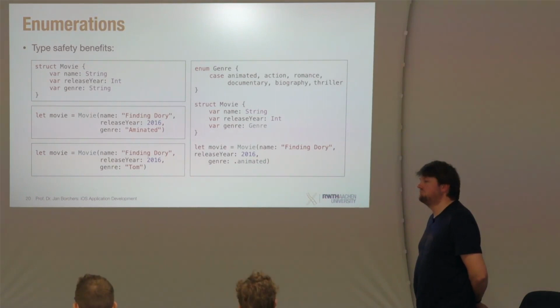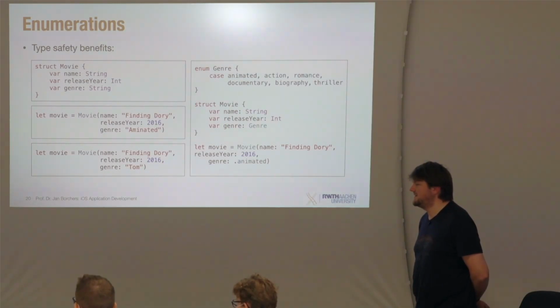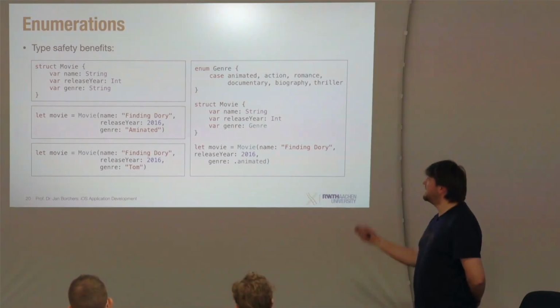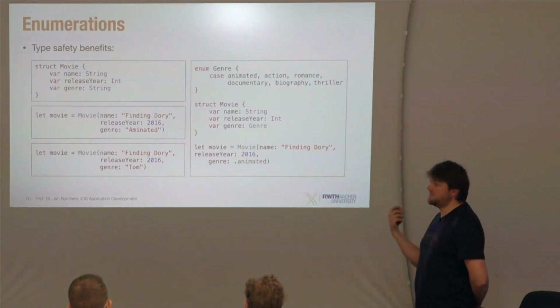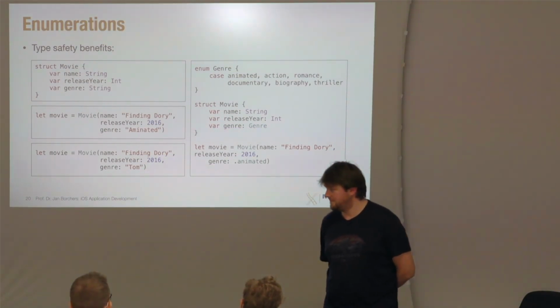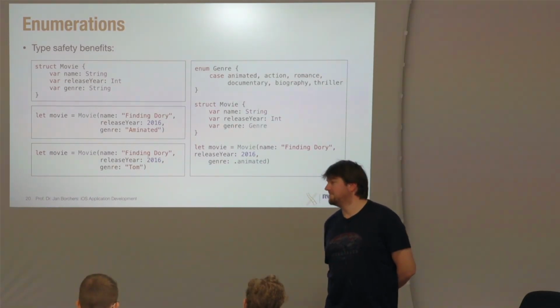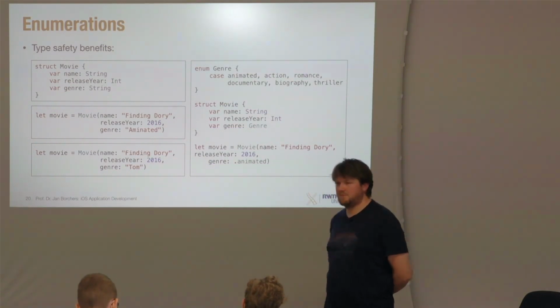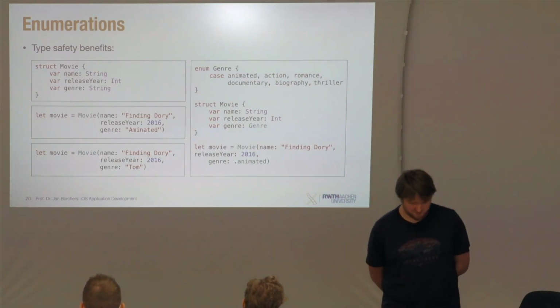If you say animated equals hello, then the raw value would be hello, and for the others it would still be action, romance, and so on. So it defaults to the name you have there if you don't specify anything. With numbers there is some kind of ordering, and with strings you often don't have that, so you need to specify it, and if not, it just takes the word. Perfect. Interesting, I also learned something.